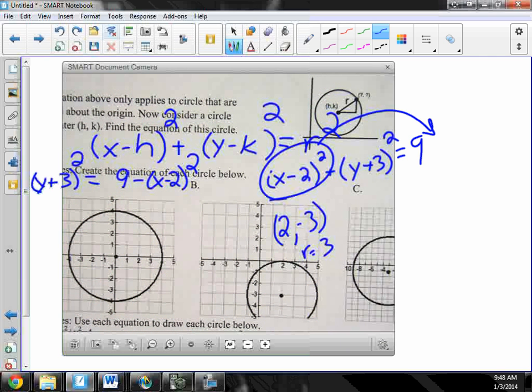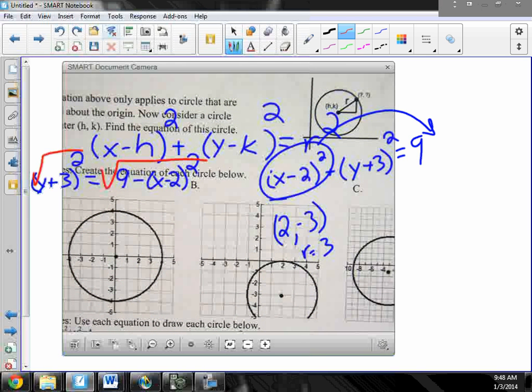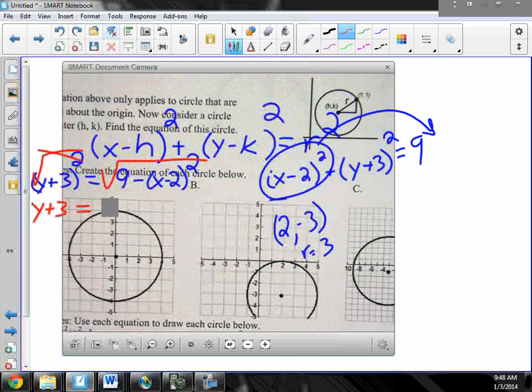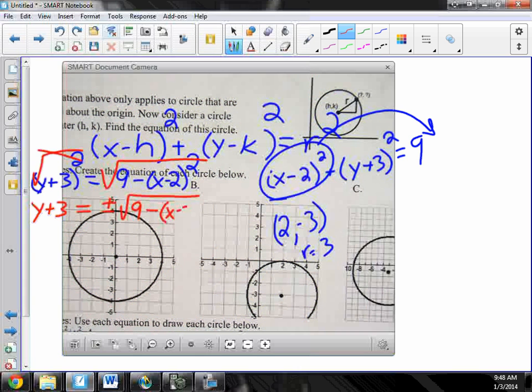Square root it. So I square root both sides. Can I simplify the right side? No, because it's a polynomial, 9 minus this, so no, you can't. So on the left side, I'm left with y plus 3 equals plus or minus the square root of 9 minus x minus 2 squared.